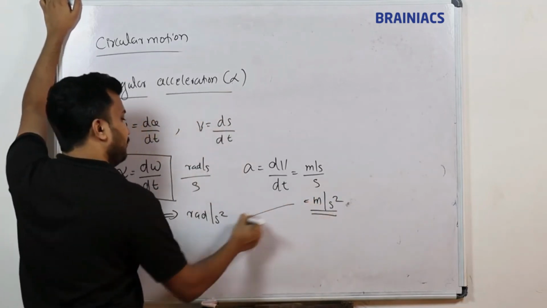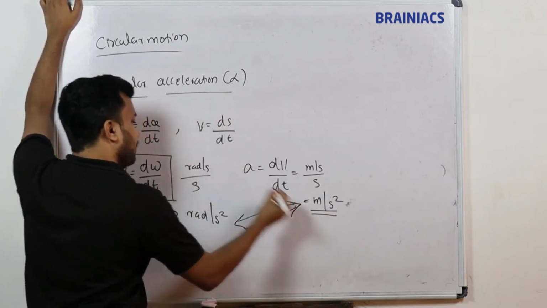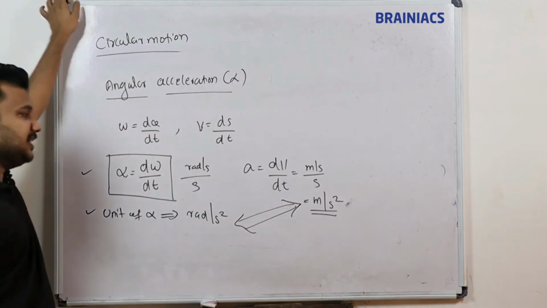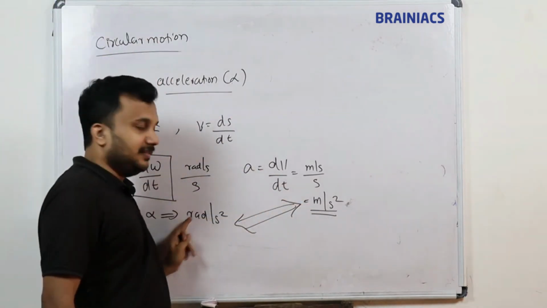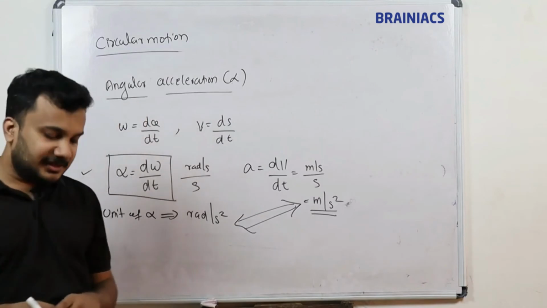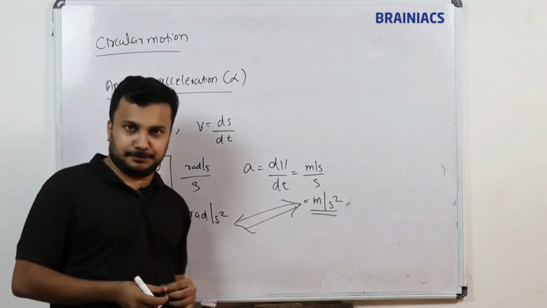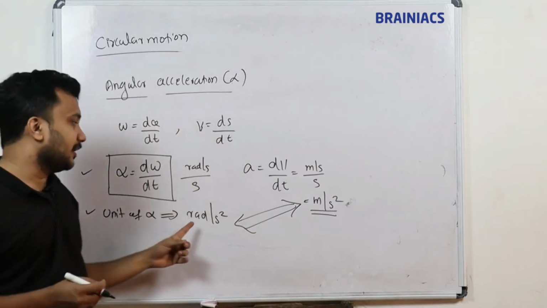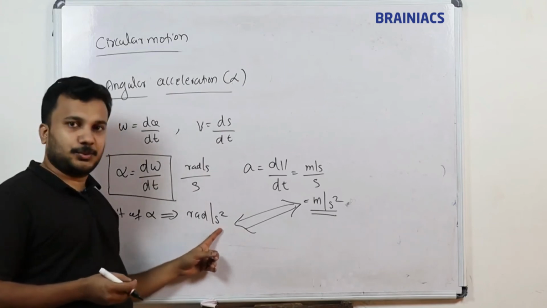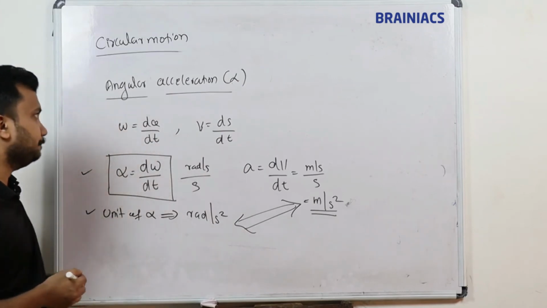Same thing: instead of meter, radian, since here it is angular, not linear. So radian per second square.